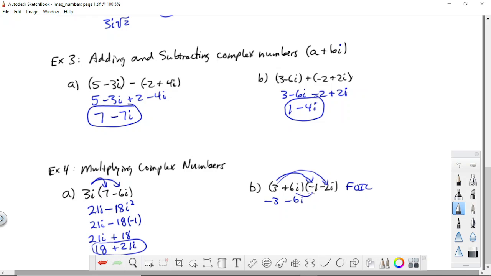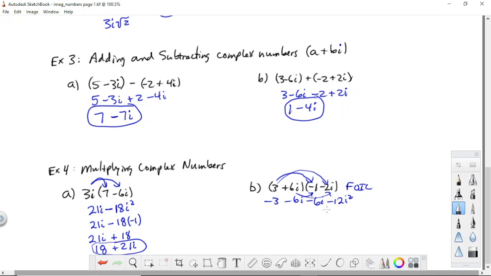And then we have this, which is negative 6i, it turns out. And then we have this, which is 12i squared. Oh, sorry, that's a negative 12i squared, because of the negative 2i.